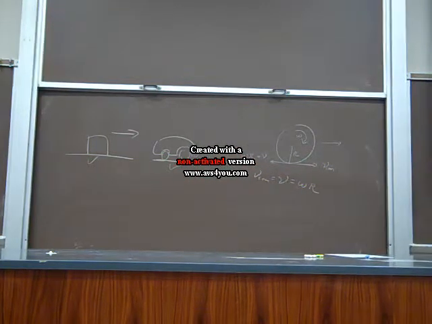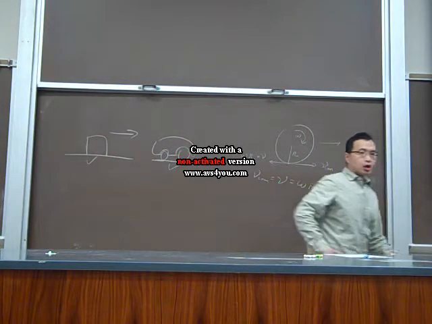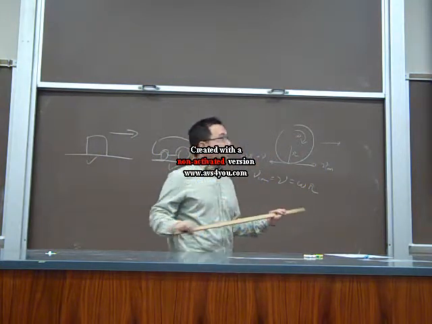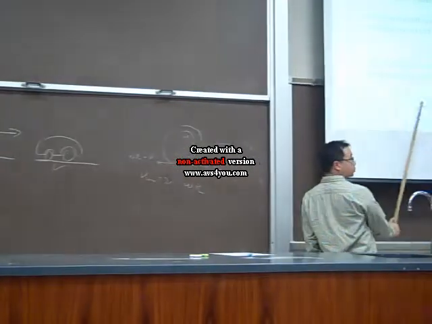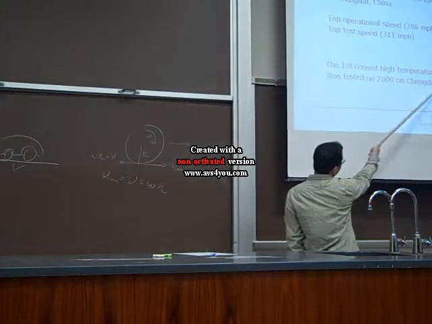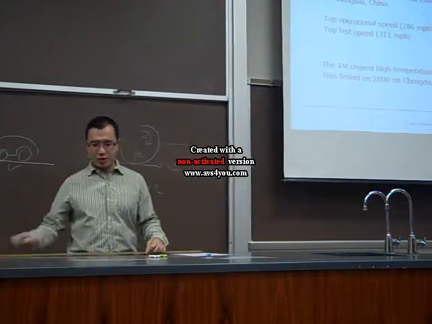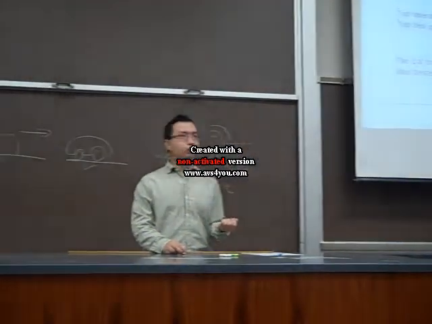That's a picture of that train. It's called a conventional maglev. And the future direction is the so-called high temperature superconducting maglev. The difference here is what kind of magnet you are going to use, how you produce this magnet.